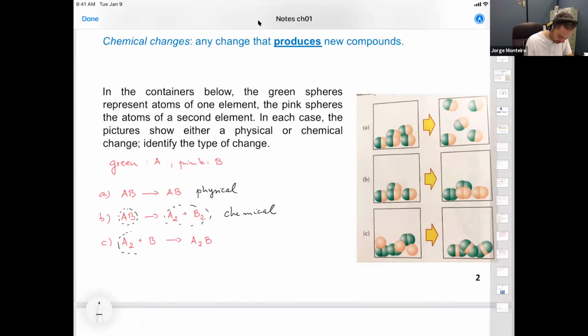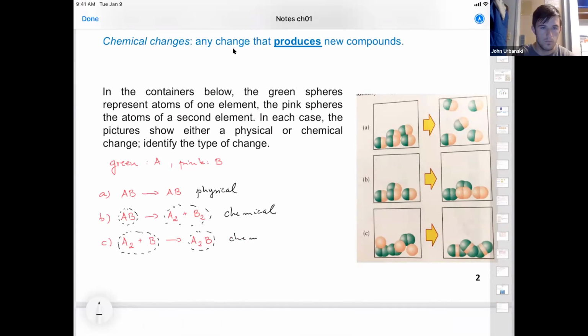There is no mystery. Look at what you have at the beginning, and then what you have at the end. Compare both. New compounds produced, therefore a chemical transformation.